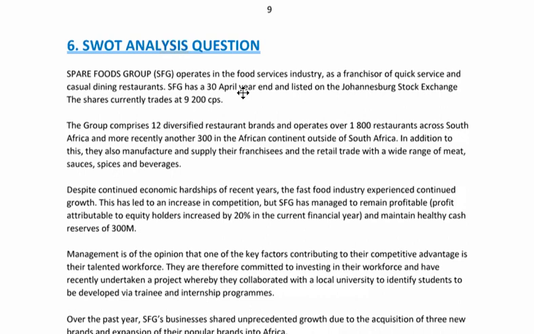Okay. Number one, we are listed on the Johannesburg Stock Exchange. What does that mean for the business itself if we are listed on the Joburg Stock Exchange, guys? Is this a strength, a weakness, an opportunity, or a threat? What do you think? Guys, it's an opportunity. Why would it be an opportunity?